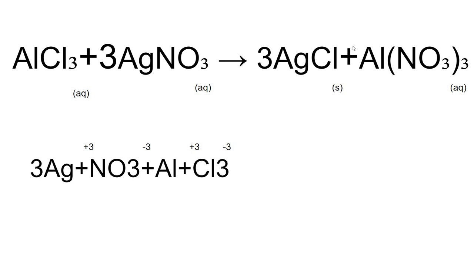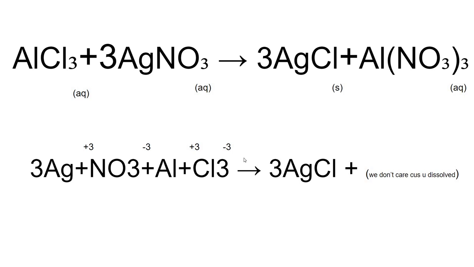And similarly here, aluminum and nitrate are going to separate, which means that they're not going to be necessary. So they dissolve, and we can cancel them out, leaving us the silver and the chloride. And that means that in order to balance this equation, we have to remove the nitrate and remove the aluminum, which leaves us the silver and the chloride.